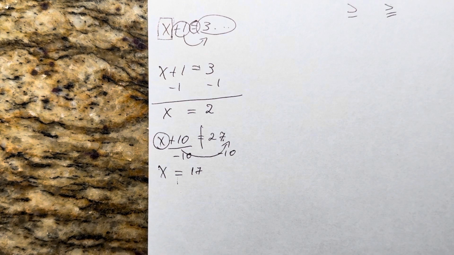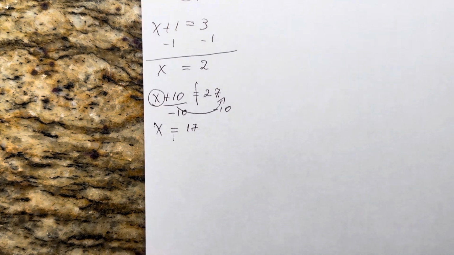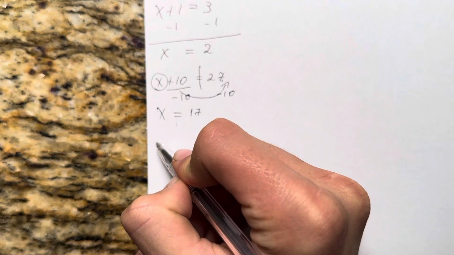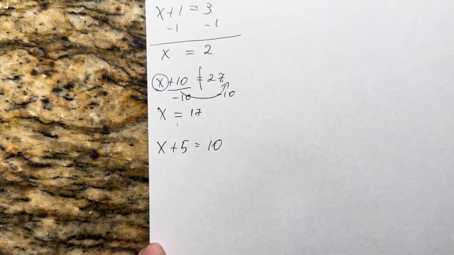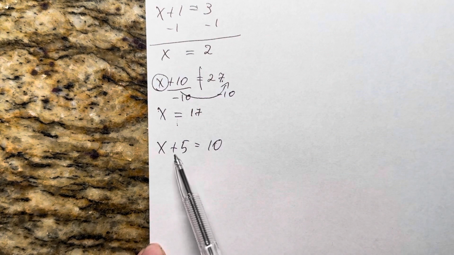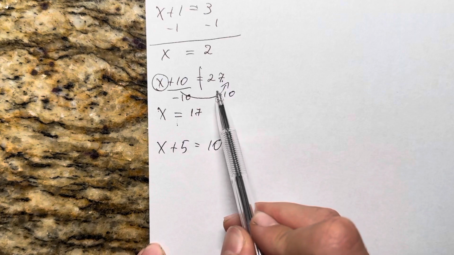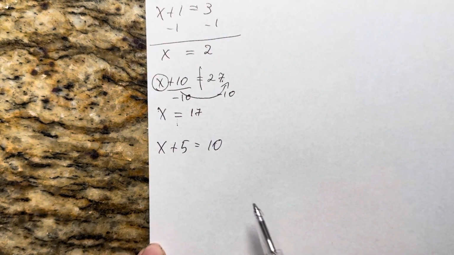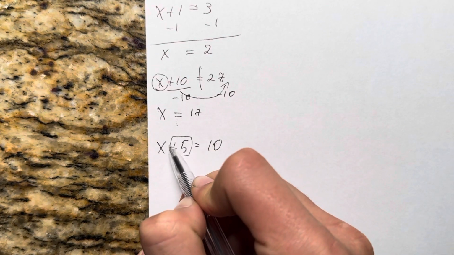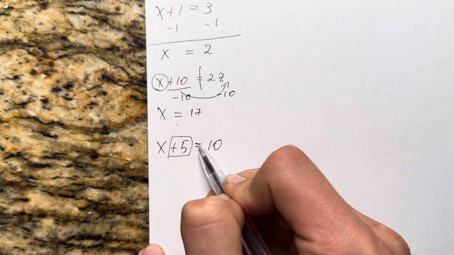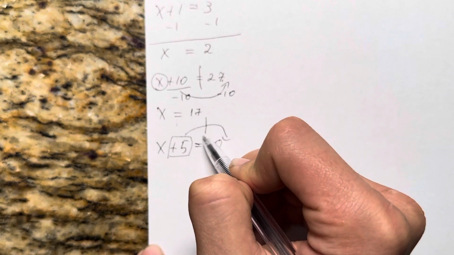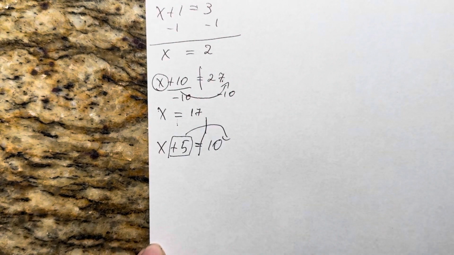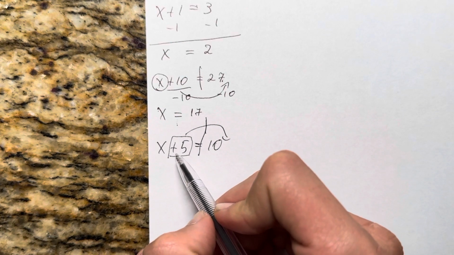Also, the simpler way of doing equations, the one that I prefer, is like this. For example, x plus 5 equals 10. So instead of subtracting 5 from each side like we did before, we flip this number over the equal sign, like move this from here to here, but we have to move it with an opposite sign.